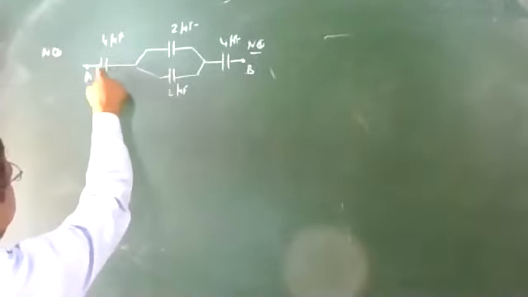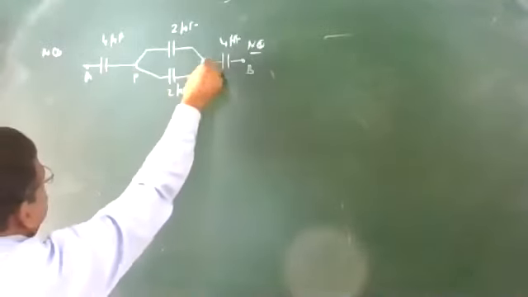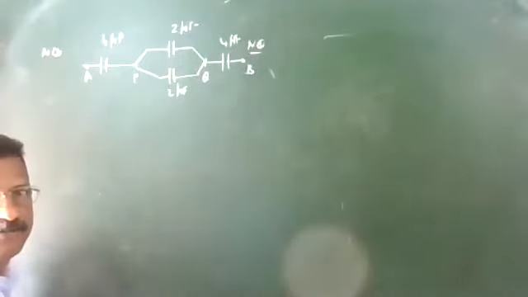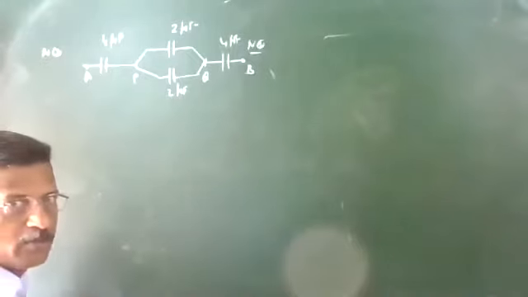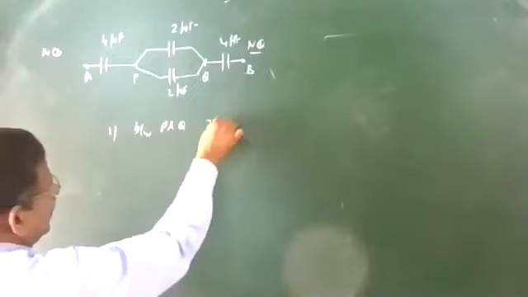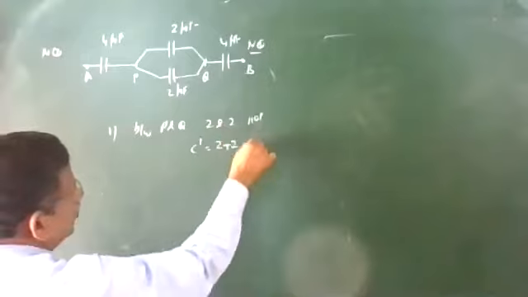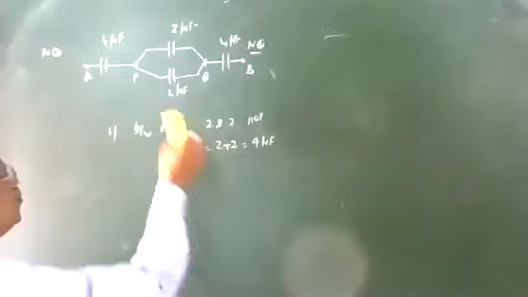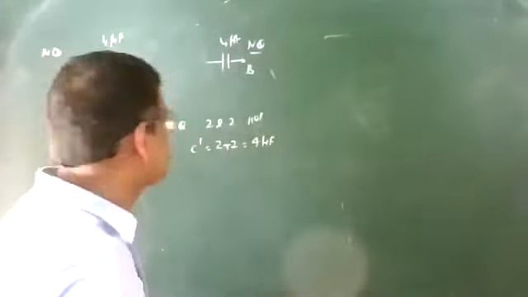When you travel from A to B, find extra points P and Q. You can see here the capacitors are connected in parallel. If there is a hindrance, first remove that, then you will go to the point B. So first, between P and Q, 2 and 2 are in parallel, so 2 plus 2 equals 4. Now the diagram changes. You can remove these two and make a single one, that is 4.